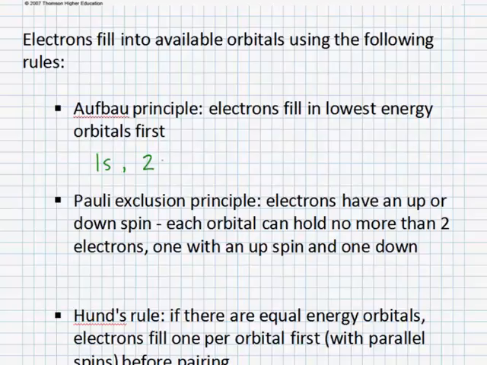Then we have 2 electrons that go into the 2s orbital, another spherical orbital that's just larger than 1s. Electrons will fill into the 2p orbitals. There are 3 of those 2p orbitals, and we'll talk about how it goes into each of those, but 3s is next, 3p is next, 4s, and then 3d.